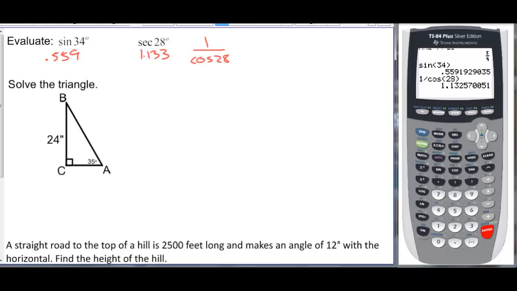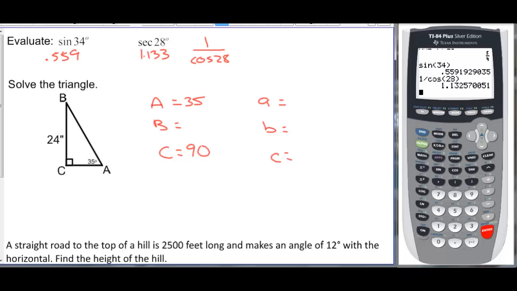Solve the triangle. Angle A, angle B, angle C. Side A, side B, side C. We'll do a lot of this in Chapter 5, solving triangles, with lots of different cases. But for right now, we have 35 degrees for A. C in this case is 90. In Chapter 5, we get away from right triangles and do all kinds of triangles.